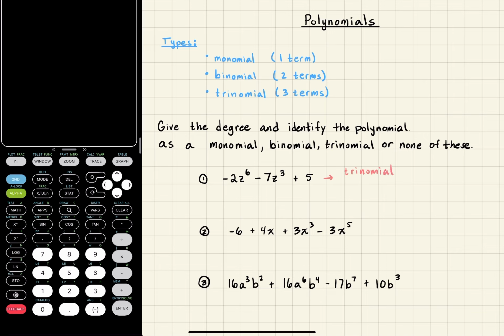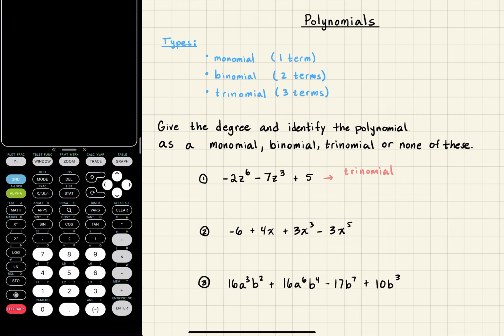And let's figure out its degree. To find the degree of a polynomial, if the polynomial contains one variable, one single type of variable, in this case it's z, then you just need to find the highest exponent, the highest power.